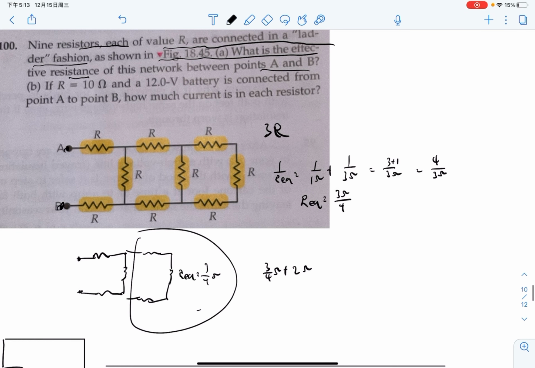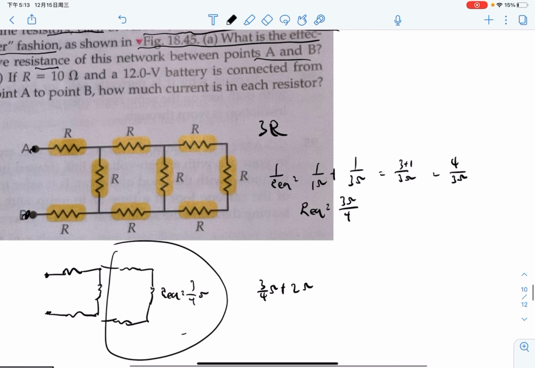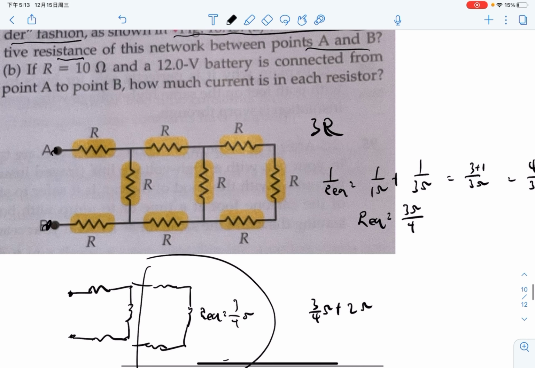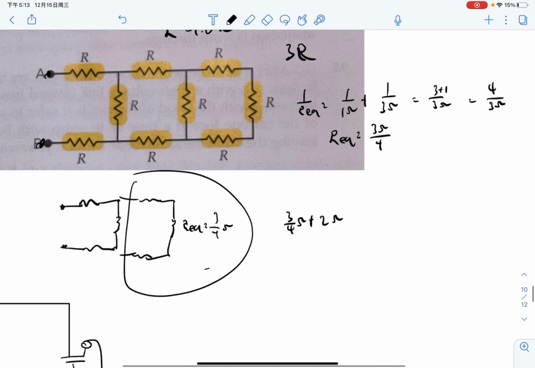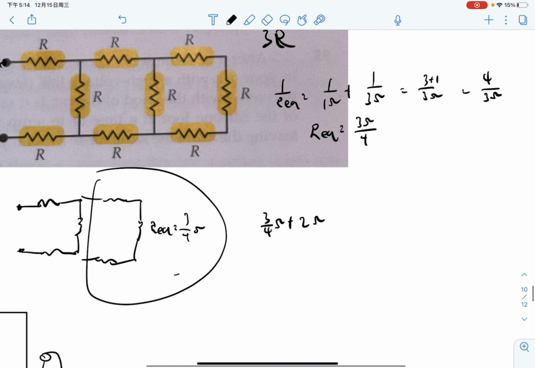Oh, wait. So I assumed R is equal to 1.0 ohm, okay? And now this will equal to 8 plus 3 divided by 4 ohm, so it is equal to 11 divided by 4 ohm.